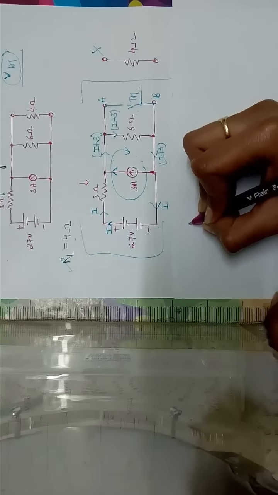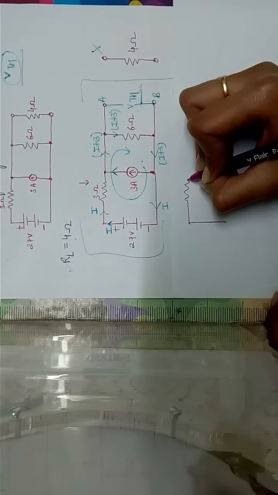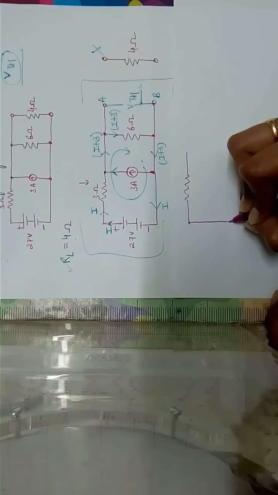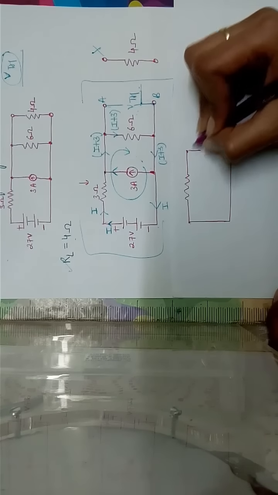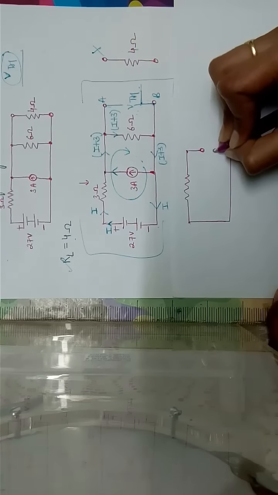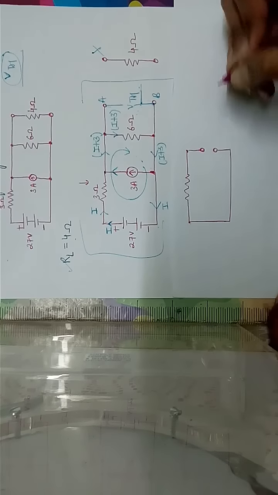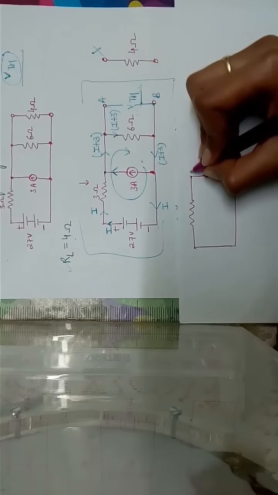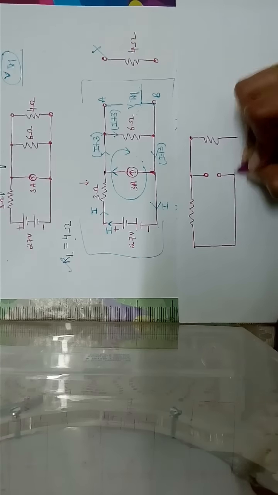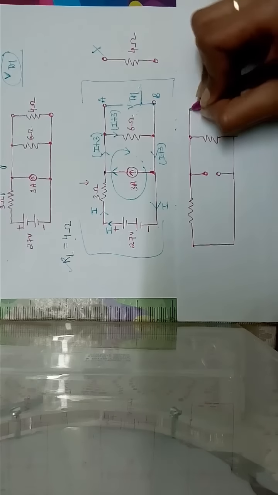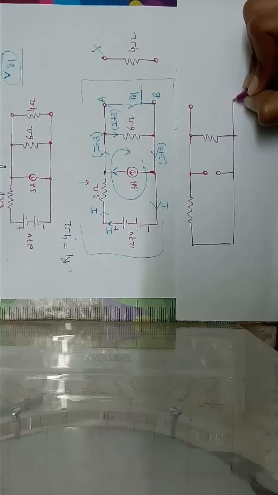See, let me draw it. Now this is a circuit to determine RTH. We have converted this current source into an open, and this is the resistance.